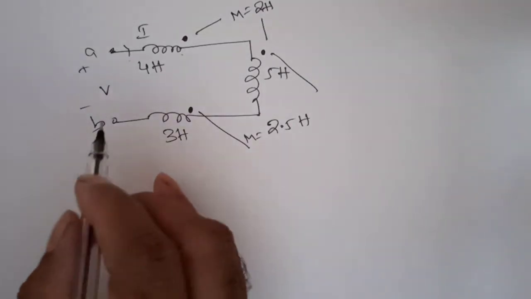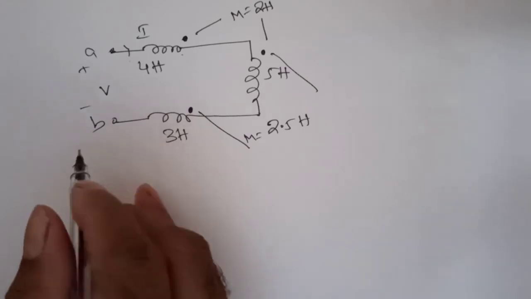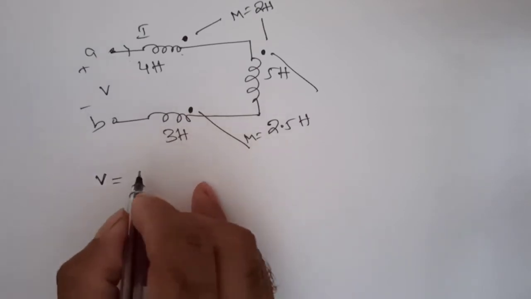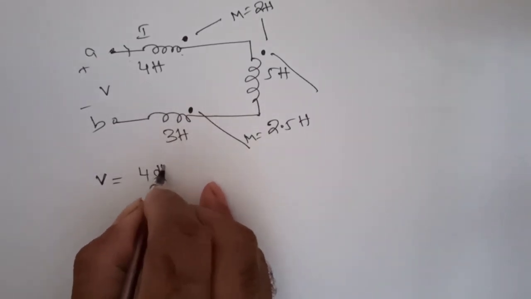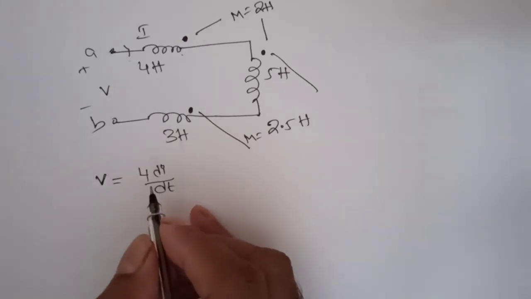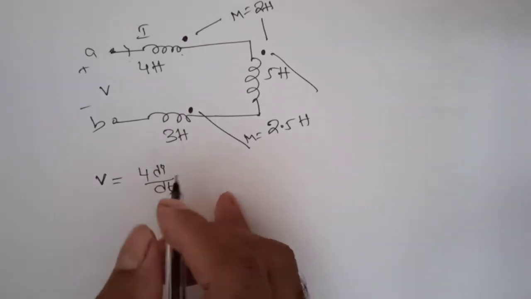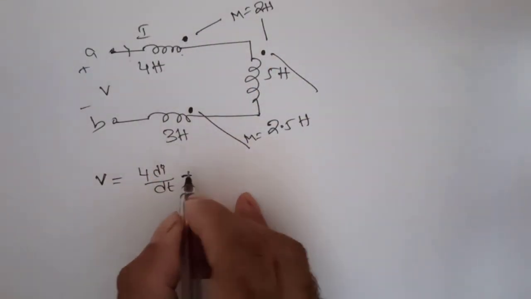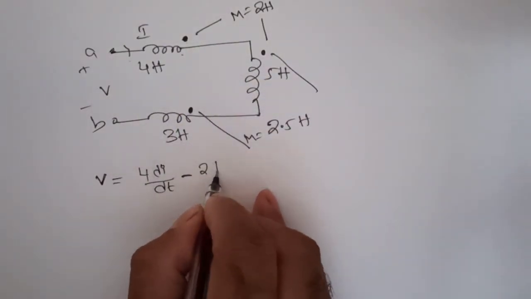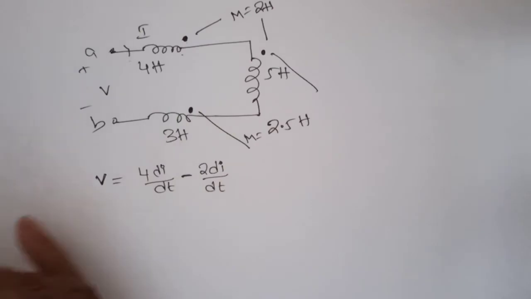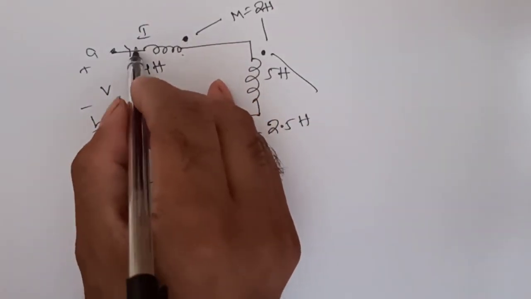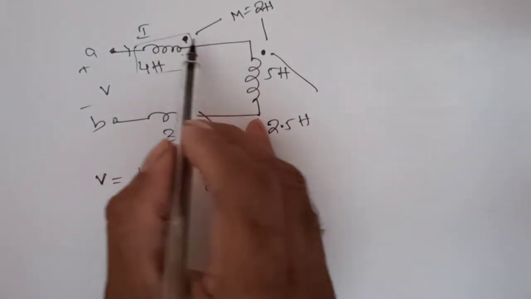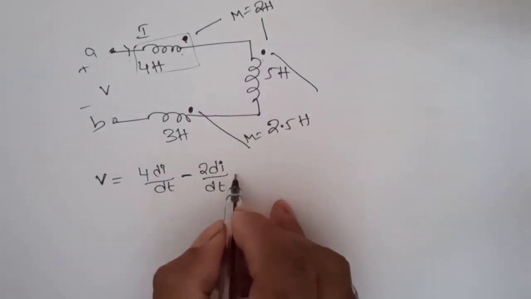Now when you write the KVL equation, V is equal to 4 into di by dt, that is the self-inductance. For the first coil, the current is leaving here and entering here, that's why the mutual inductance with respect to the second one is minus 2 into di by dt.